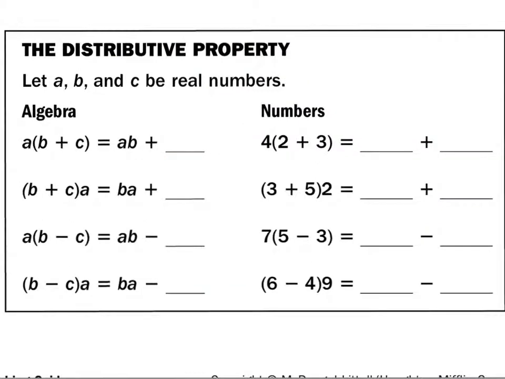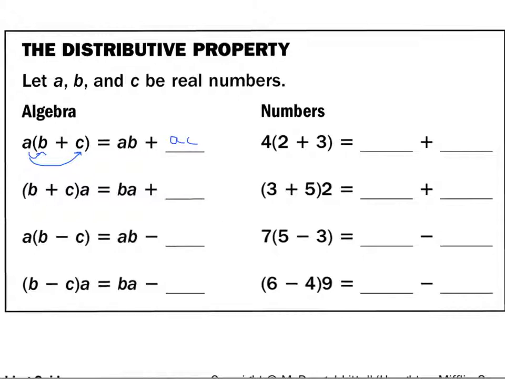In our first box, we're going to be looking at the distributive property through a purely algebraic form with no numbers, just variables, and purely with numbers. So what we like to look at when we're doing the distributive property is we like to say we're going to multiply a times b and a times c. That's going to leave me with ab plus ac.